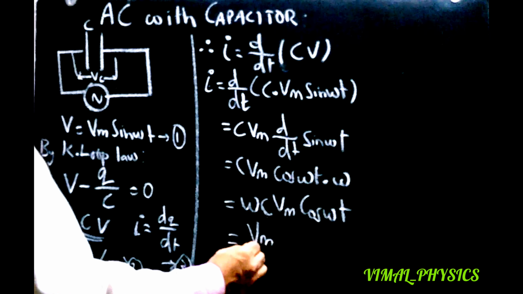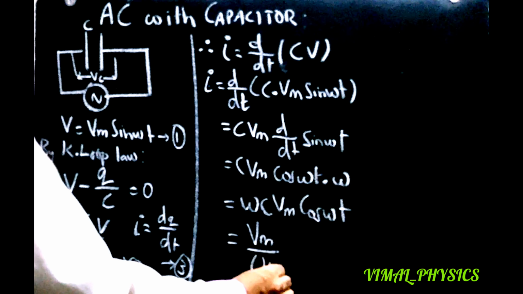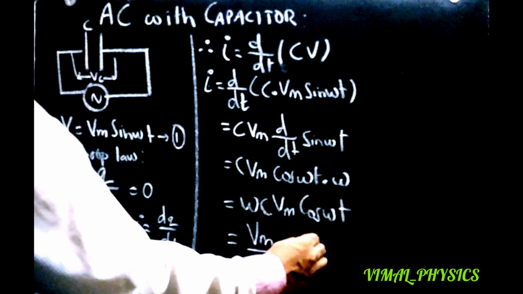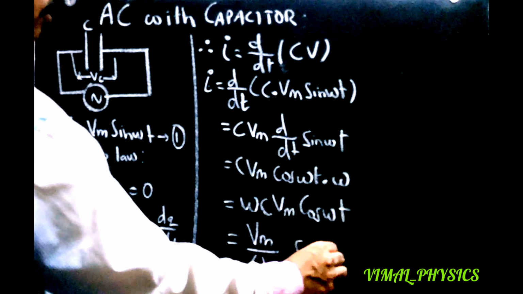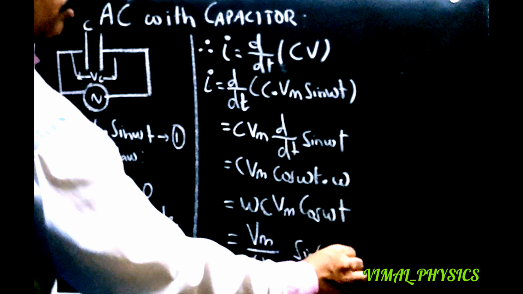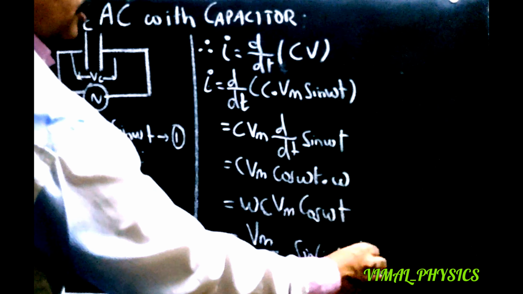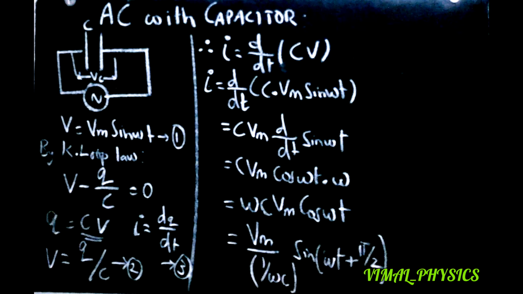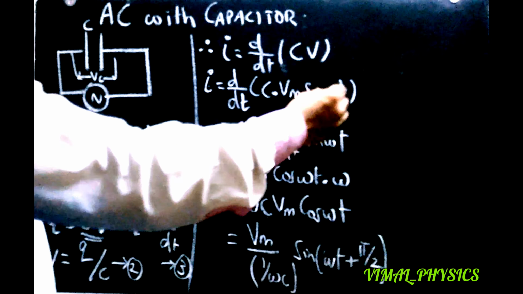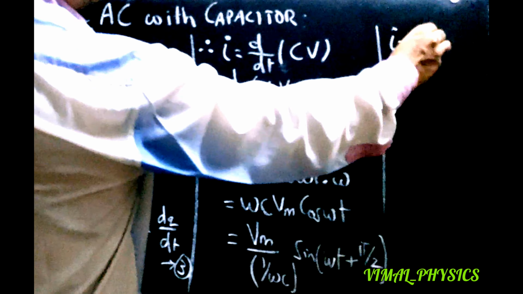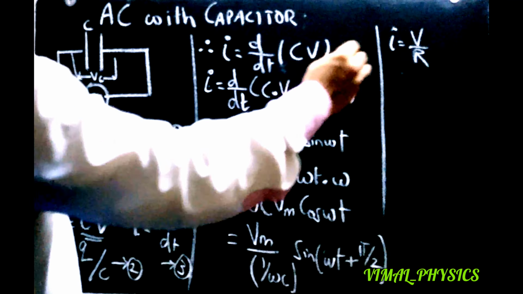So, it is Vm by 1 by omega C. I am going to explain why I am writing like this. Vm by 1 by omega C into cos omega t can be written as sin of omega t plus pi by 2. In the previous video, I have explained about this. So, it is V by 1 by omega C sin omega t plus pi by 2.